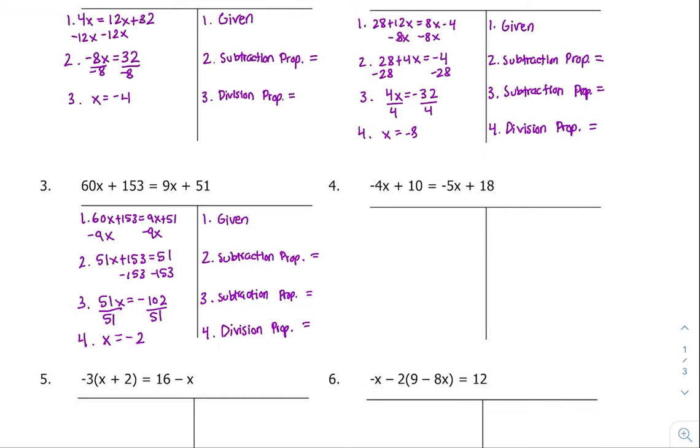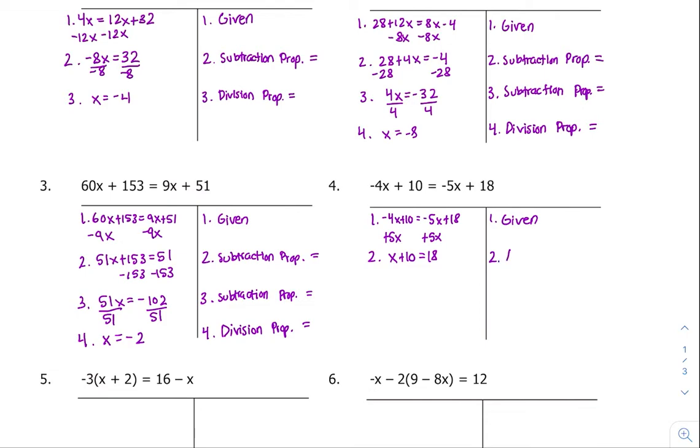Okay, number 4. So I'm going to write down my given statement. Given. Now, solving for x, right? So again, I like to get my variables on the left-hand side. So I'm going to add both sides by 5x. So we're going to get x plus 10 is equal to 18.